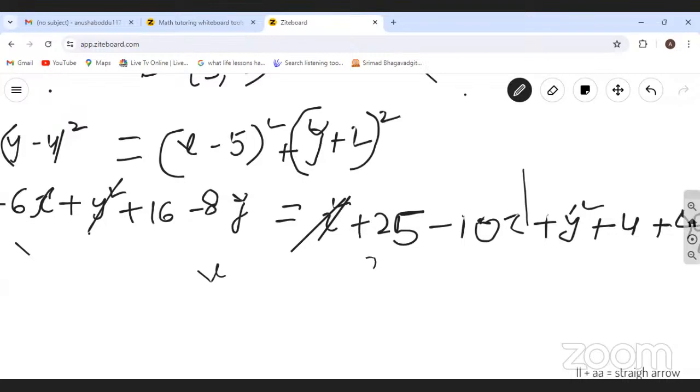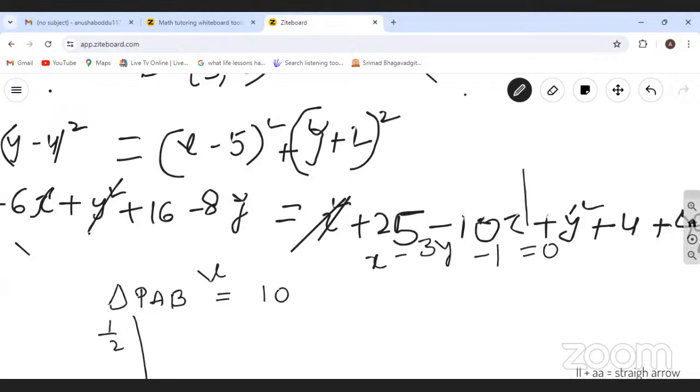Here after solving, you got the answer as x minus 3y minus 1 is equals to 0, right? So now use the formula. Triangle PAB is equals to, they already gave you in the question, 10 square units. The formula is nothing but half into modulus of x, y, 1, according to the formula.